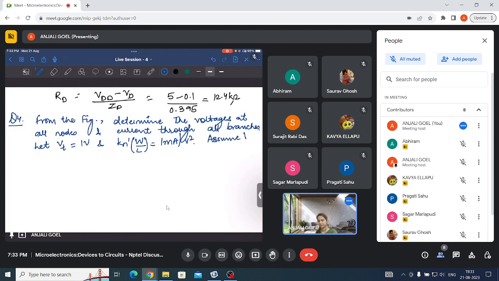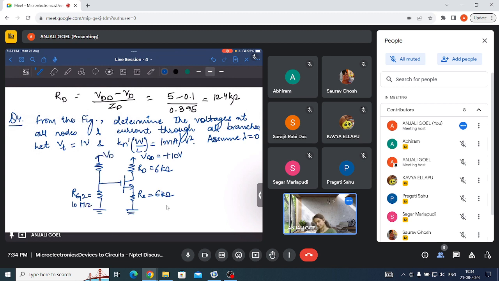Assume lambda equals 0. Okay, so I'll give it some time.